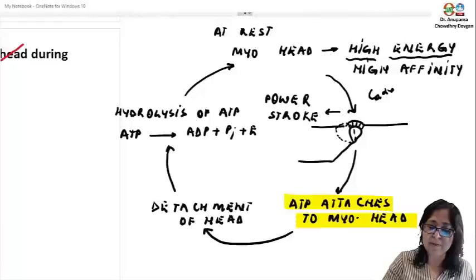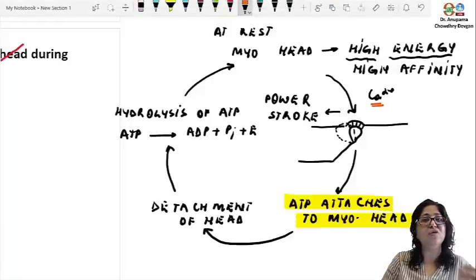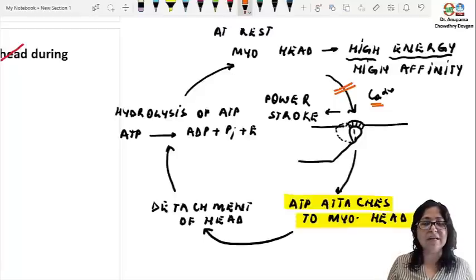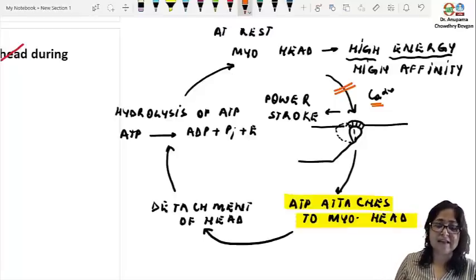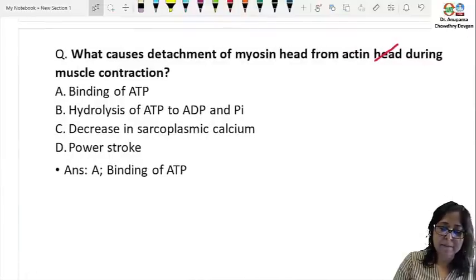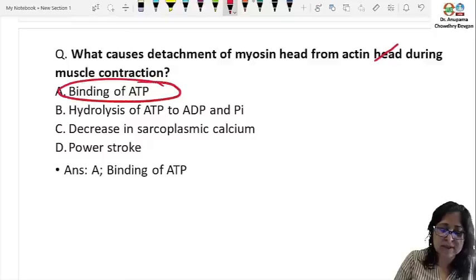Relaxation only happens when calcium goes back into the sarcoplasmic reticulum, and then the cycle stops here. The myosin head will be at that high energy, high affinity state. So the answer to this question will be binding of ATP, which causes detachment of the head.